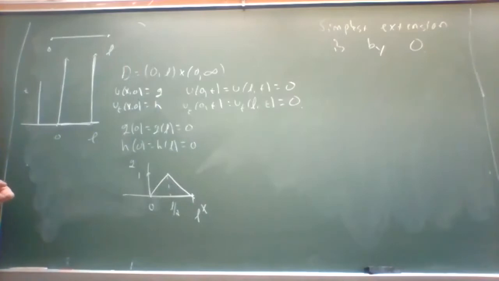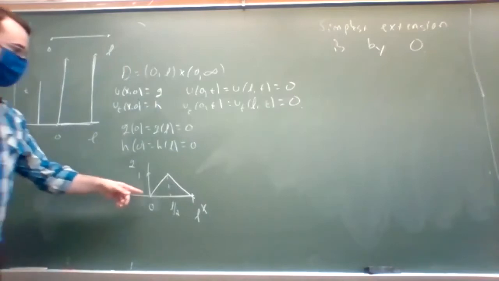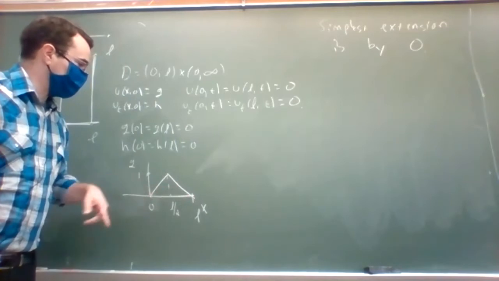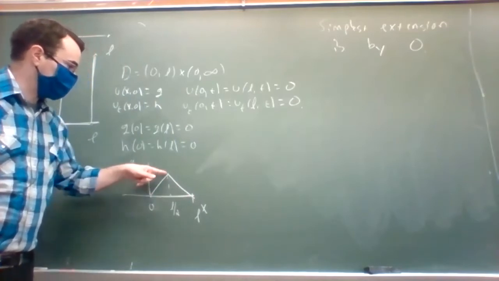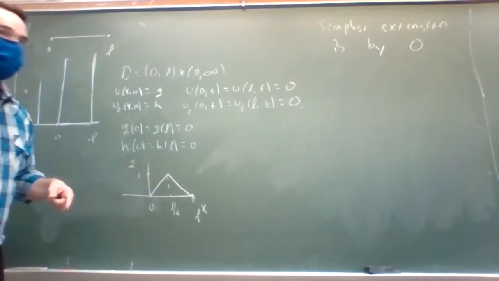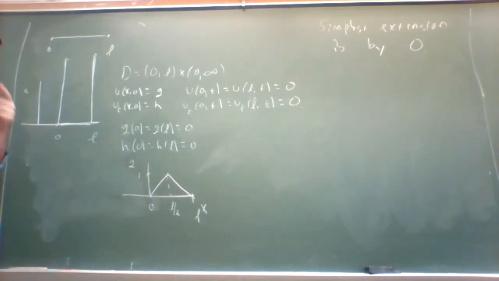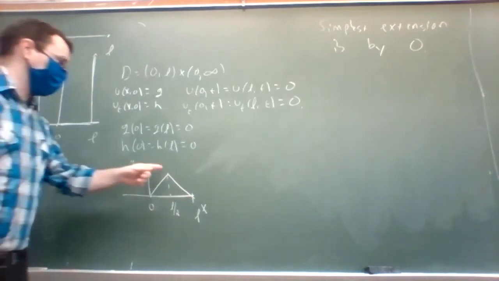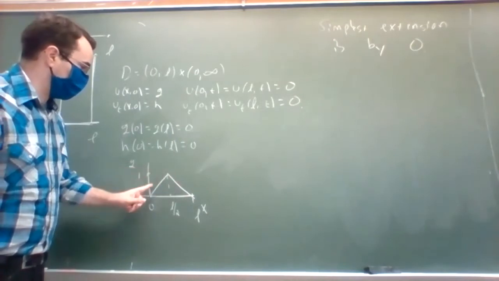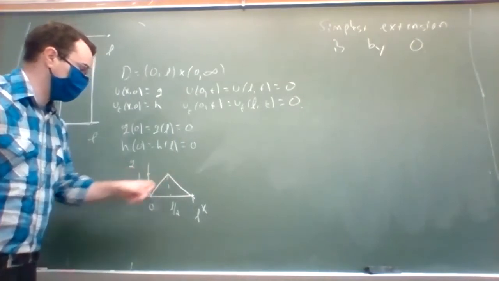And so this is certainly a valid initial condition. Well, not exactly, because it's not differentiable here, but it actually won't matter. And if you don't like that, you could smooth it out. It'd be a little harder to write the formula, but certainly smooth out the corner.